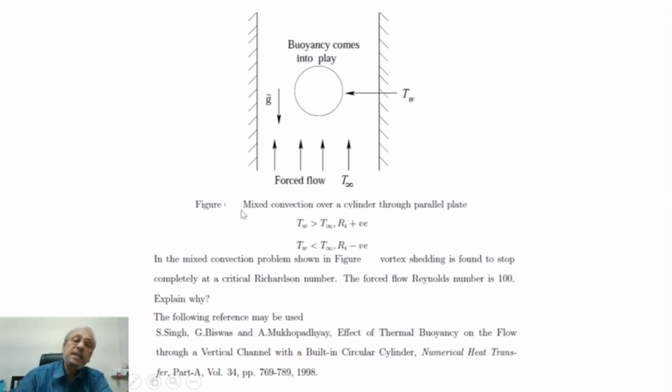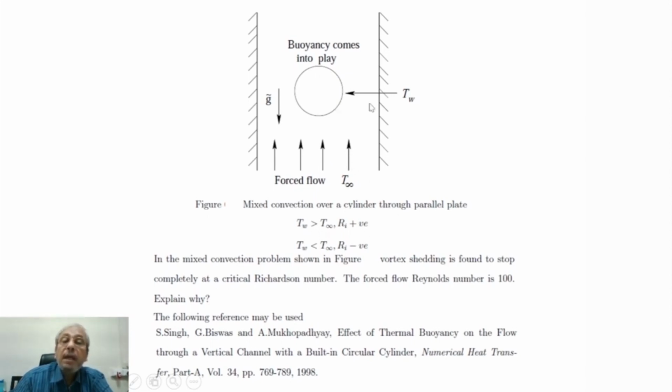Then we can discuss another very interesting situation. This is basically a forced flow, but not at a very high velocity, and the corresponding Reynolds number is within 100, but the temperature difference may be very significant, between the temperature of the cylinder and the temperature of the flowing fluid.